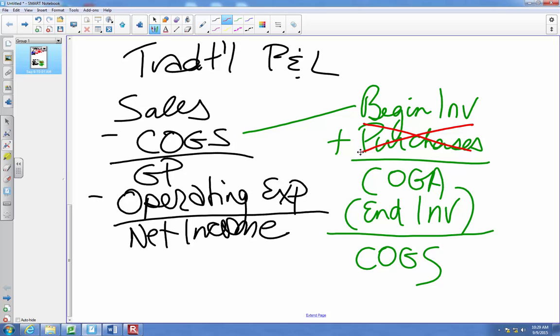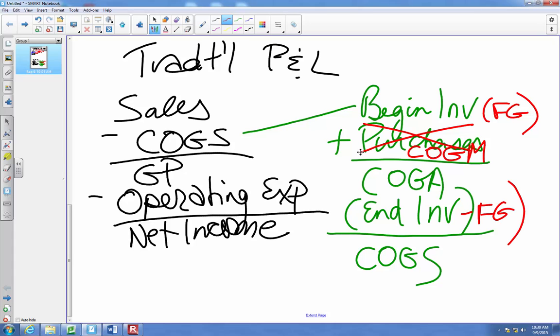Beginning inventory plus, yes, cost of goods manufactured. I've got to figure out what it costs to produce the goods that I'm reselling. So everything's going to look exactly the same. And I guess you also do need to specify finished goods inventory.